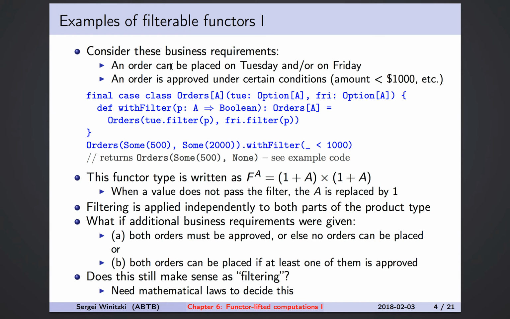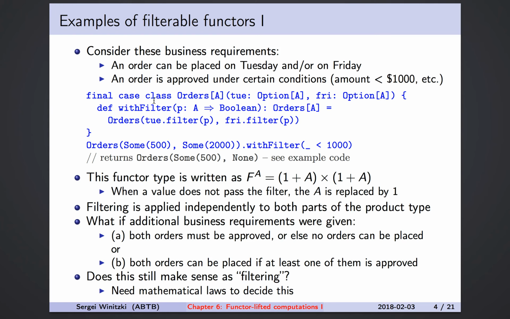So therefore, we will also abstract the type of order to a type parameter. So we will consider a class or a data type Orders with type parameter A, and it has two parts as a conjunction. One is an Option of A, another is also an Option of A, representing that we can place an order on Tuesday or not, and we can also place an order on Friday or not.